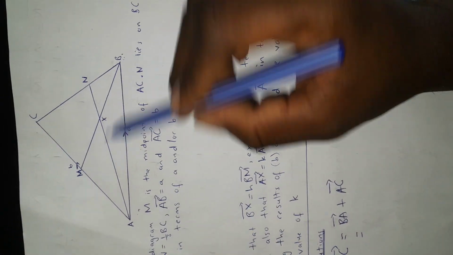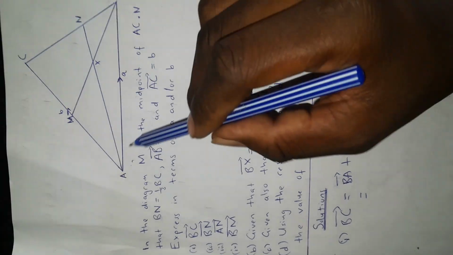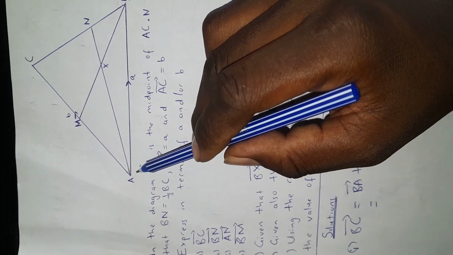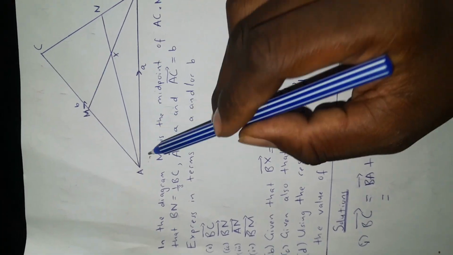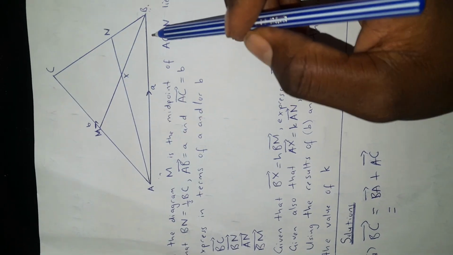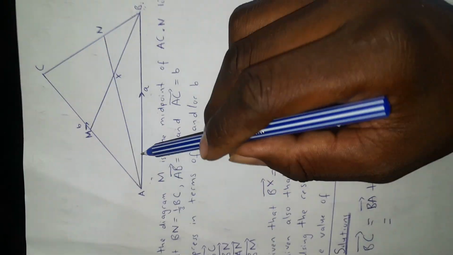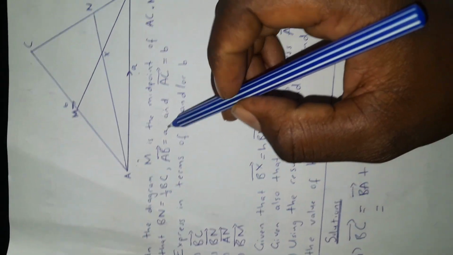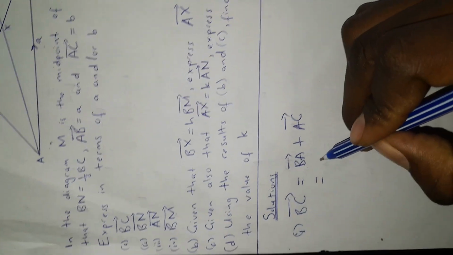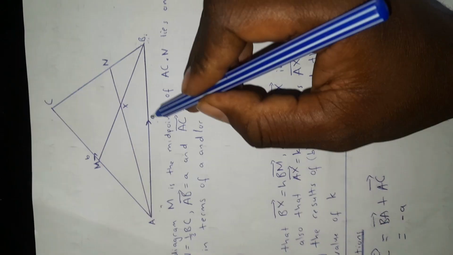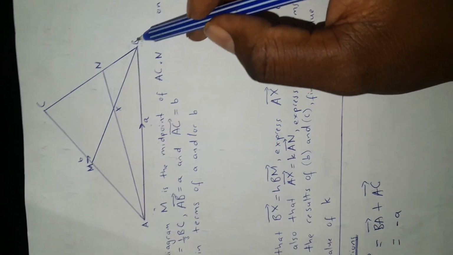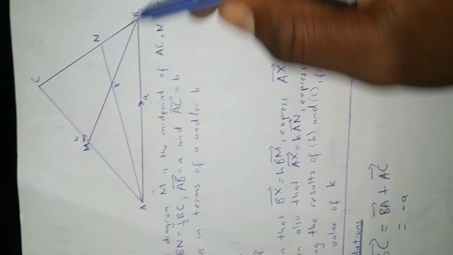Now BA. The magnitude of AB is A, but now we want BA, so we are opposing the direction of the vector. So it will be negative A. The arrow is pointing to the right, but you are moving to the left, so it's negative.